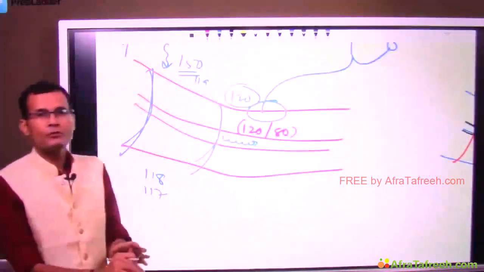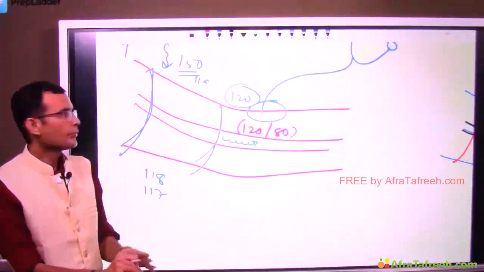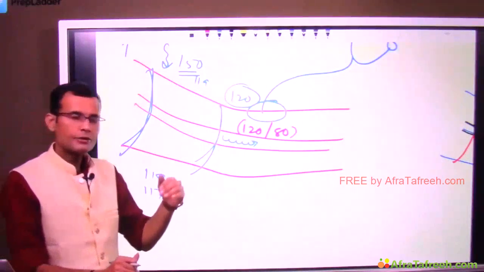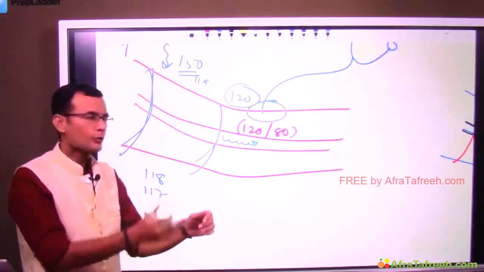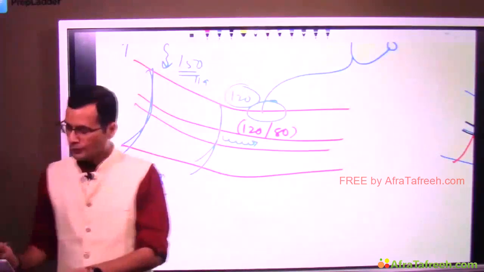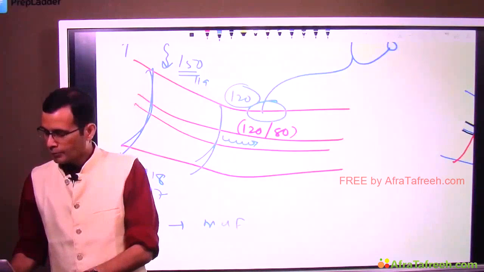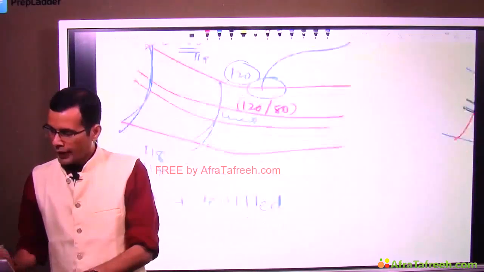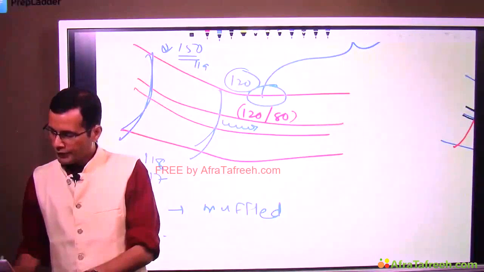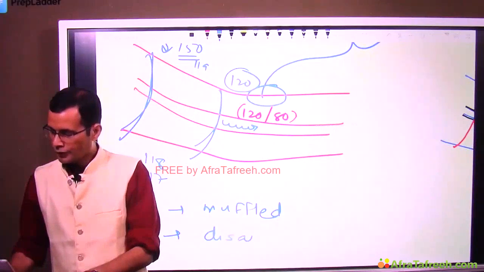The first three phases of the Korotkov sounds are like this: sound, then gap during diastole, then again with systole, next sound. The fourth phase is the sound gets muffled, and the fifth phase is disappearance of sound.